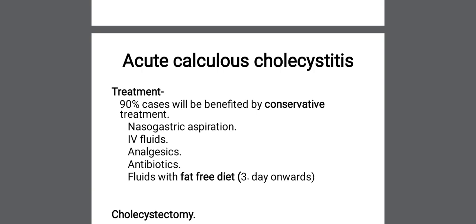Then you have to give analgesics and antibiotics, and afterwards, when the infection subsides or the signs of inflammation get reduced, you have to remove the nasogastric tube and stop the IV fluids, and the patient is advised to have a fat-free diet. And 3 weeks later, you can go for operative treatment, that is cholecystectomy.